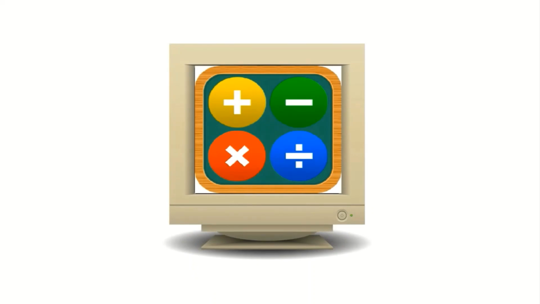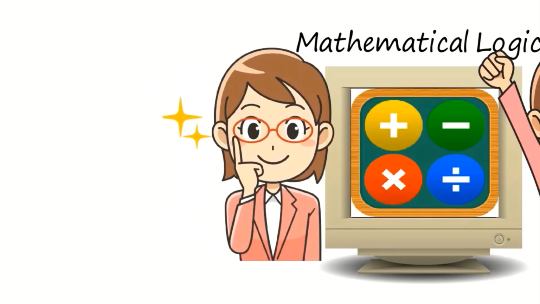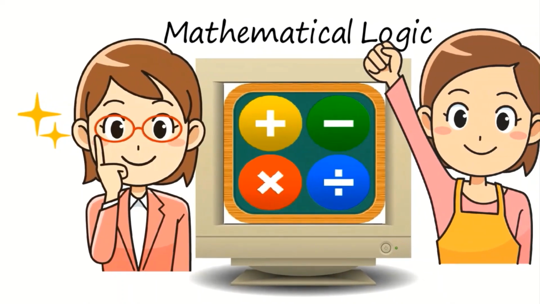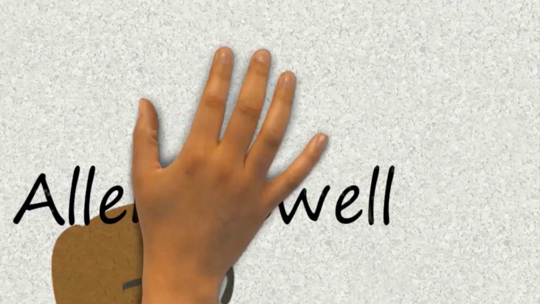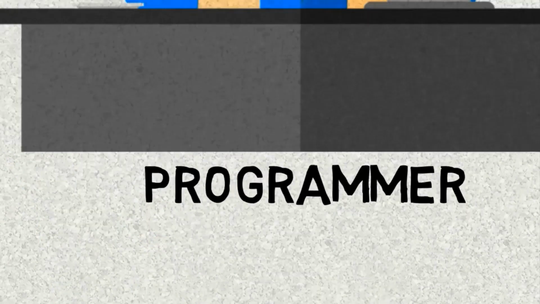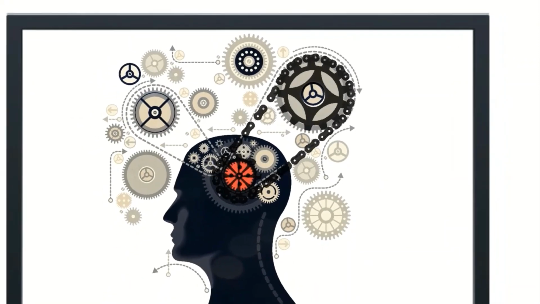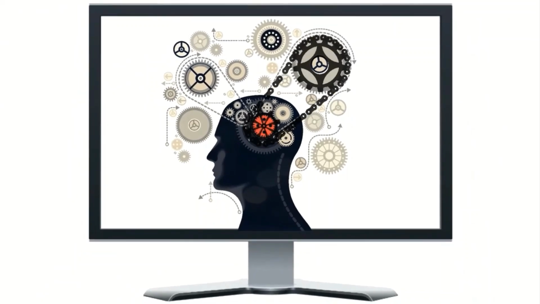Computers are logical machines that use math to do calculations. So, logic was an obvious choice for the general problem solver's problem solving technique. Back in 1959, Newell, Simon, and Shaw set out to build a computer program that simulates how humans think to solve problems.